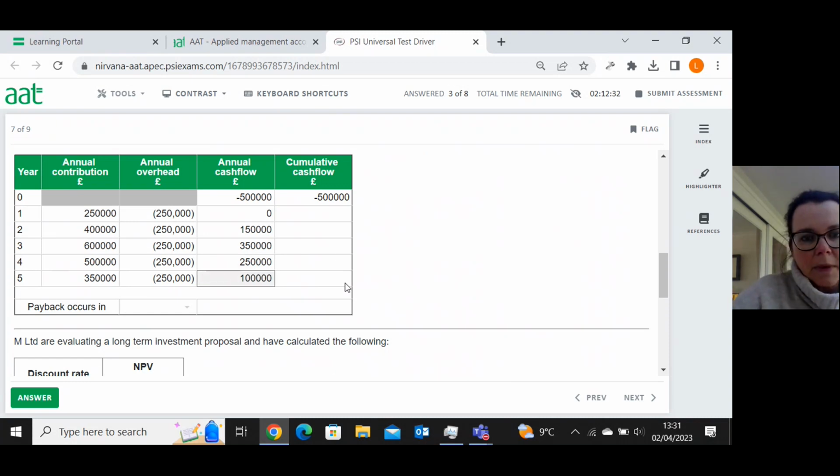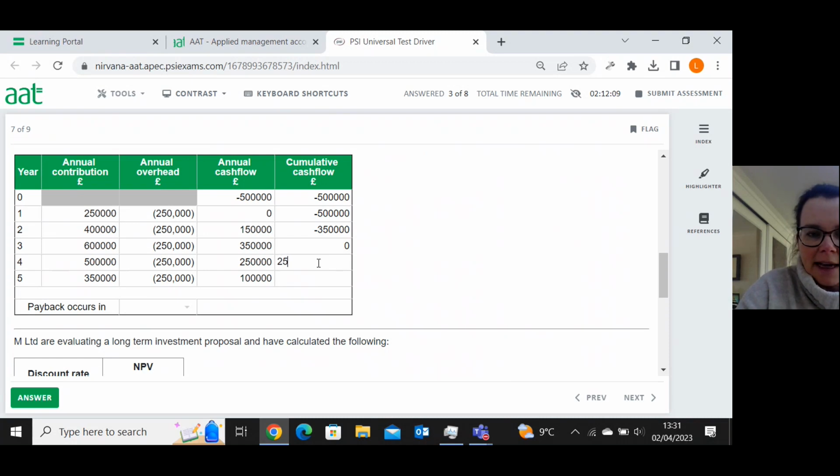Then the cumulative cash flow: we had minus 500, zero flowed in, so we're still on minus 500. 150 has now flowed in, so we're on minus 350. 350 has flowed in, so we're on 0.